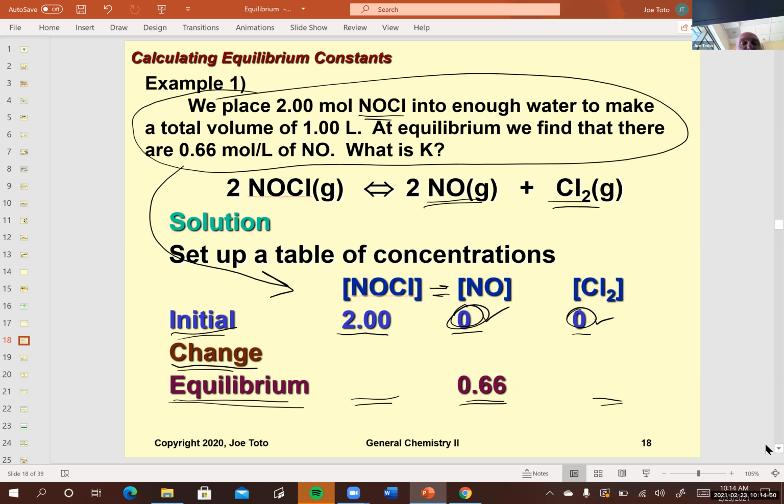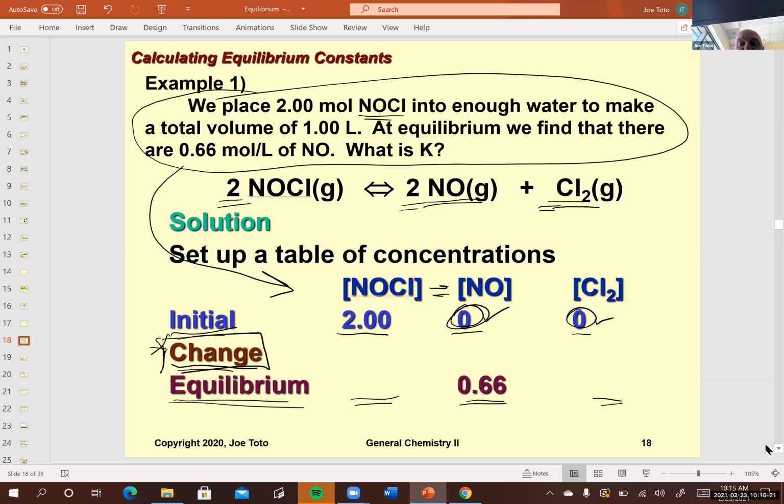Once we have 1, we can use the change column along with the stoichiometric coefficients of the balanced chemical equation to figure out what the changes must have been for the others. So that's the important part of the change column, using those stoichiometric coefficients. All right, so I know that at equilibrium, NO is 0.66 molar.